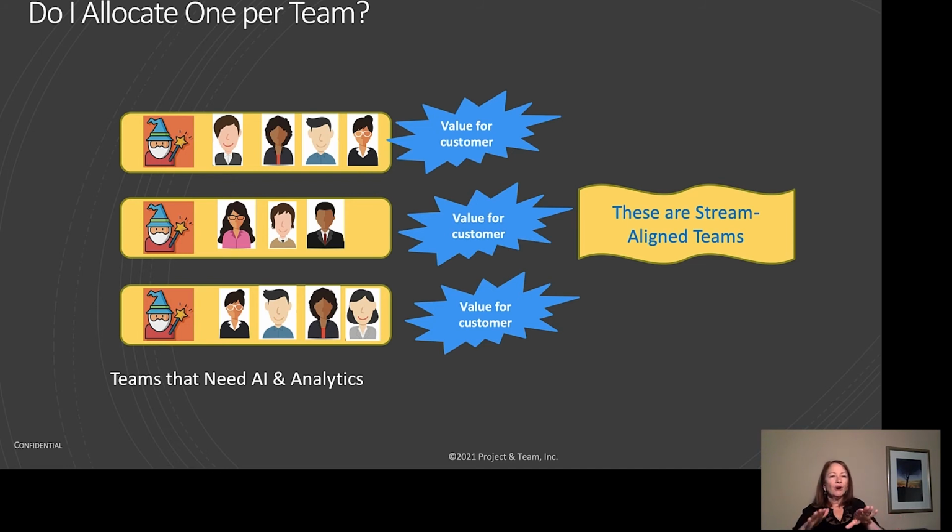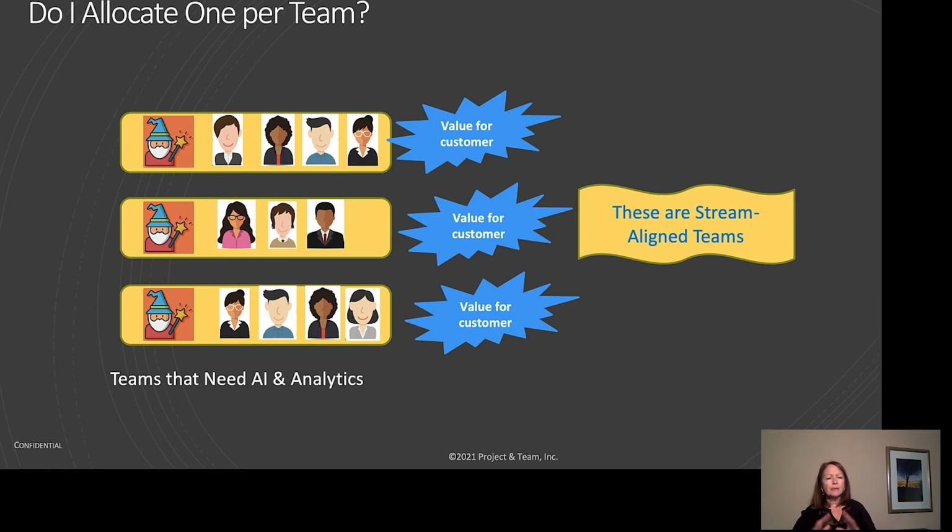Harken back to our underlying principle for organizing around value. We want to remove bottlenecks and support the fastest flow of value. So I have one analytics wizard allocated to each team. They know the context of that team and the work. They are working with them on a daily basis.